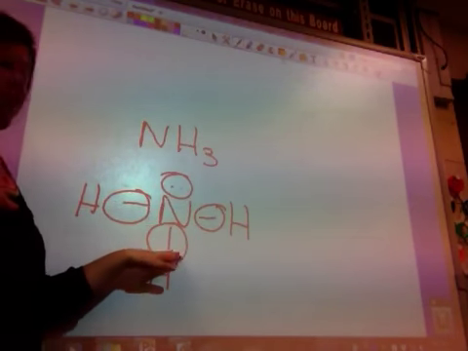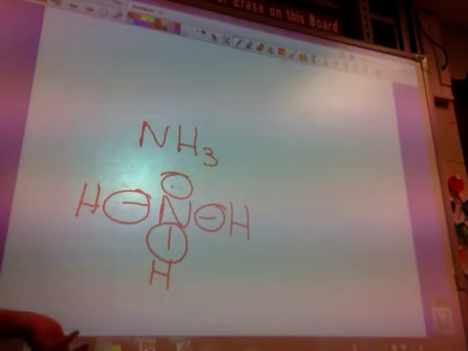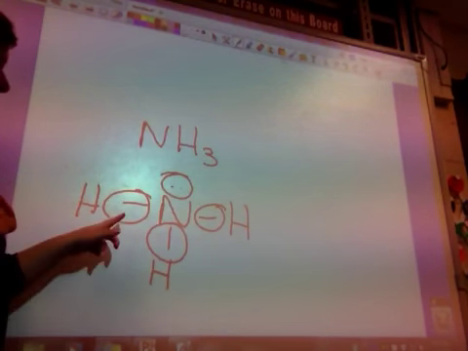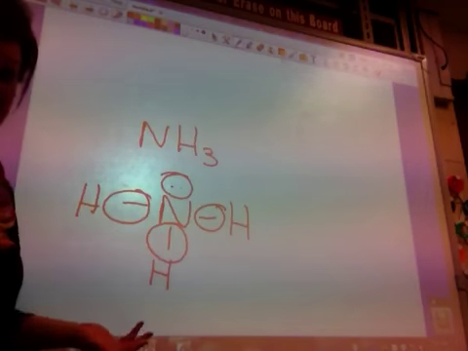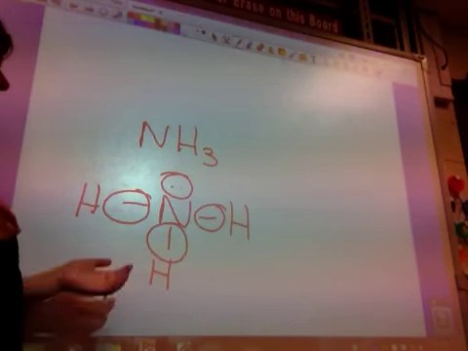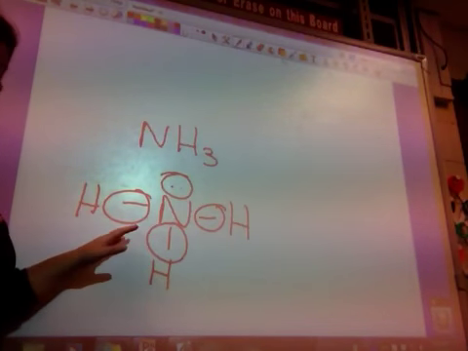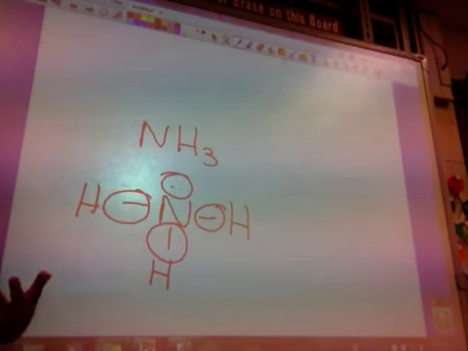So I have 4 domains here. How many bonding domains do I have, and how many non-bonding domains do I have? If I look at this, I see that I have 1, 2, 3 bonding domains, and then I have 1 lone pair, which would be my non-bonding domain. So in this I have 4 electron domains. 3 are bonding, 1 is non-bonding.